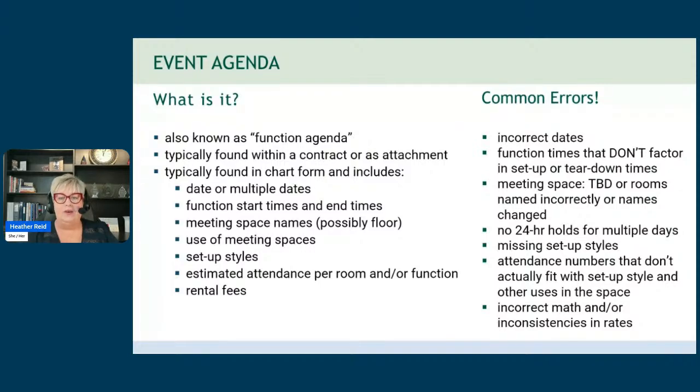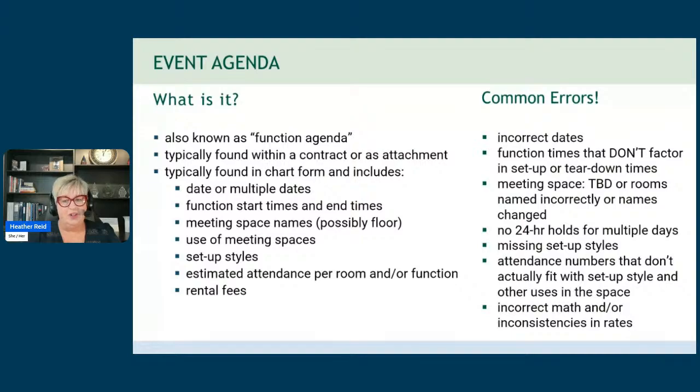I always check days of the week so that they match the actual numeric date, the proper month and the proper year. I'm flipping through the entire contract, but particularly the event agenda, confirming with an actual calendar that those days of the week match the day, the month, and the year correctly.